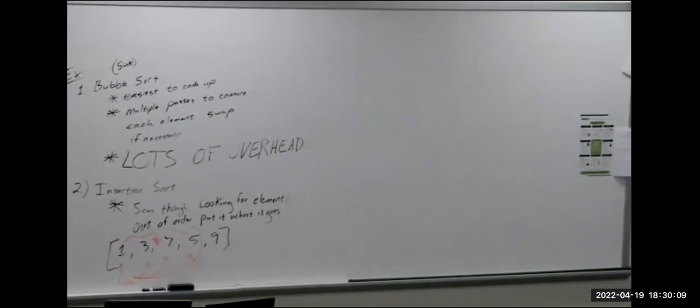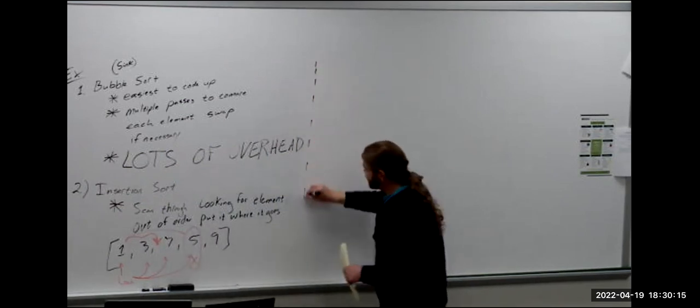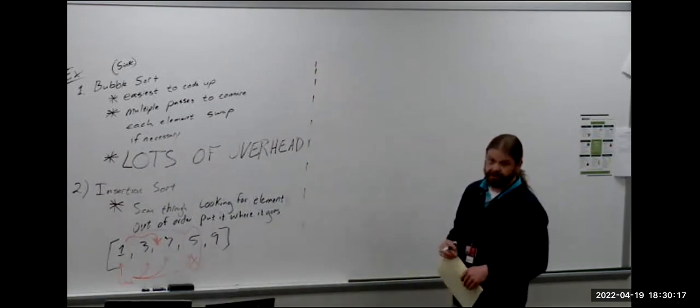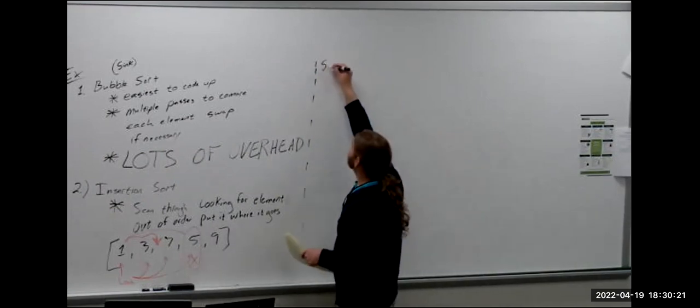Zoom in on the board so y'all can see the stuff I'm writing here. The other ones we're going to look at this evening, I picked 3 that are really easy to implement. They don't take a lot of code.